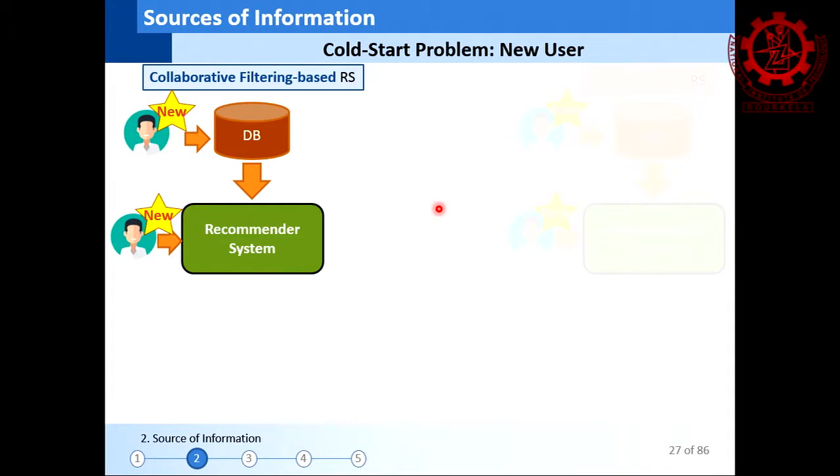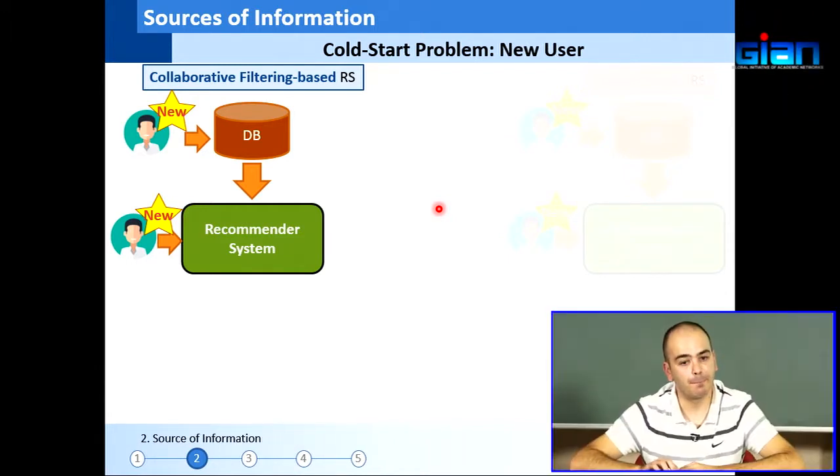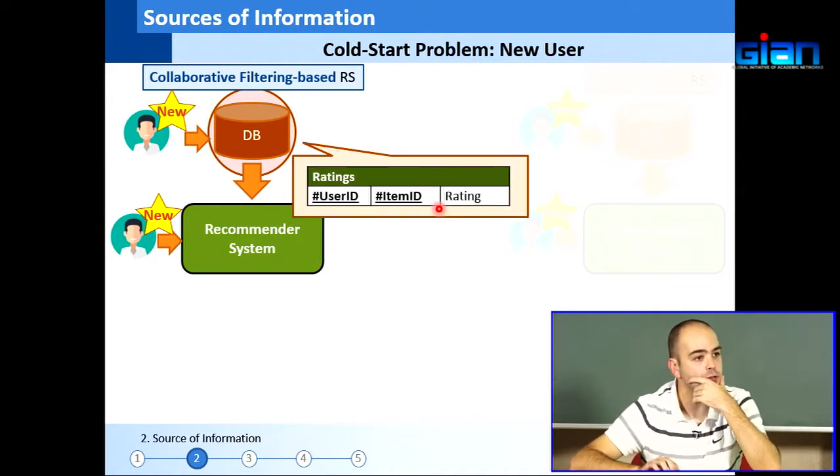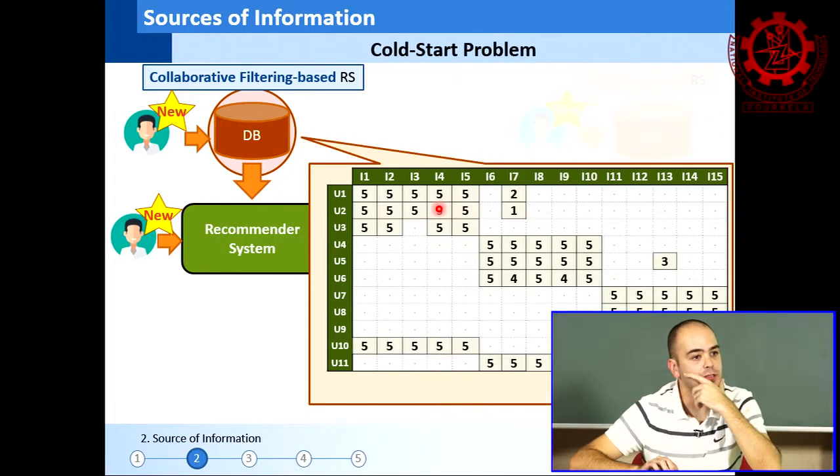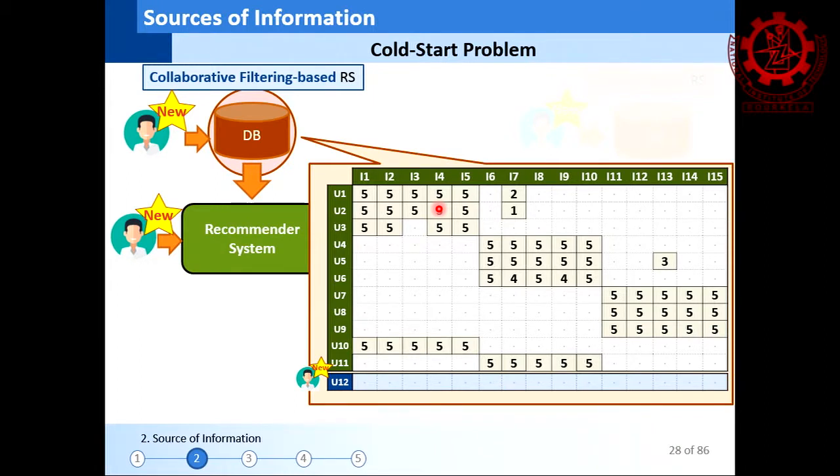Just imagine what happens when we deal with collaborative filtering-based recommender system. Here we have this input, so we have this table, which is equivalent to this matrix. And so we have here a new user. The recommendations we need to provide are based on this table.